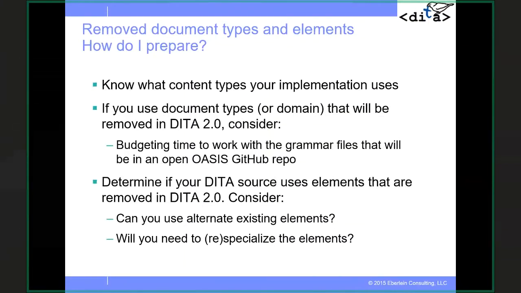In a similar vein, if your DITA source has elements that we're removing from DITA 2.0 or attributes that are being removed, you really want to think about it. And the two things to consider is, can you use an alternate existing element? If you can't, your fallback would really be to respecialize those elements for your own purpose and use.